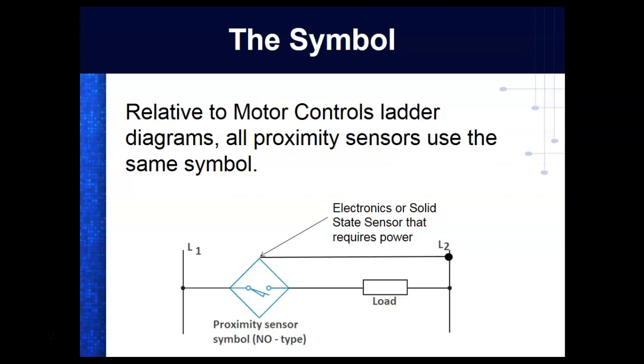So this is what we call it. For some reason, don't ask me why, Germans use brown for plus, blue for minus, and black is the signal.